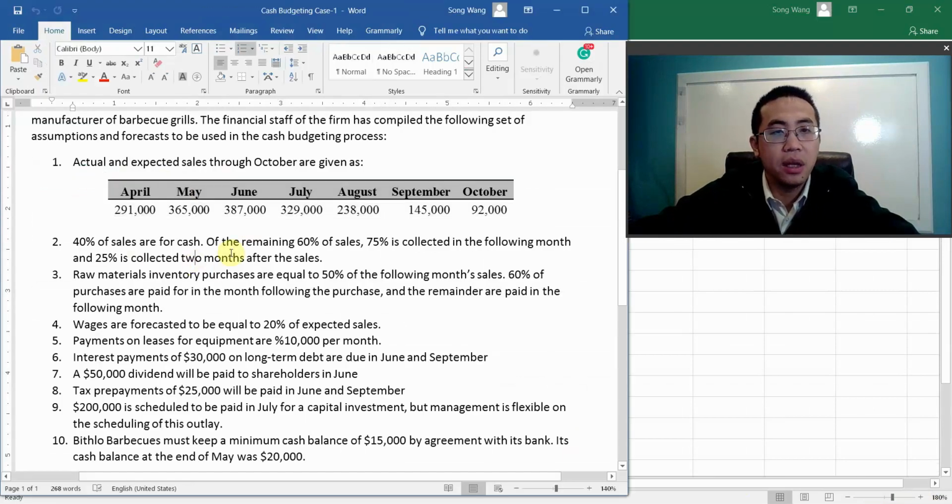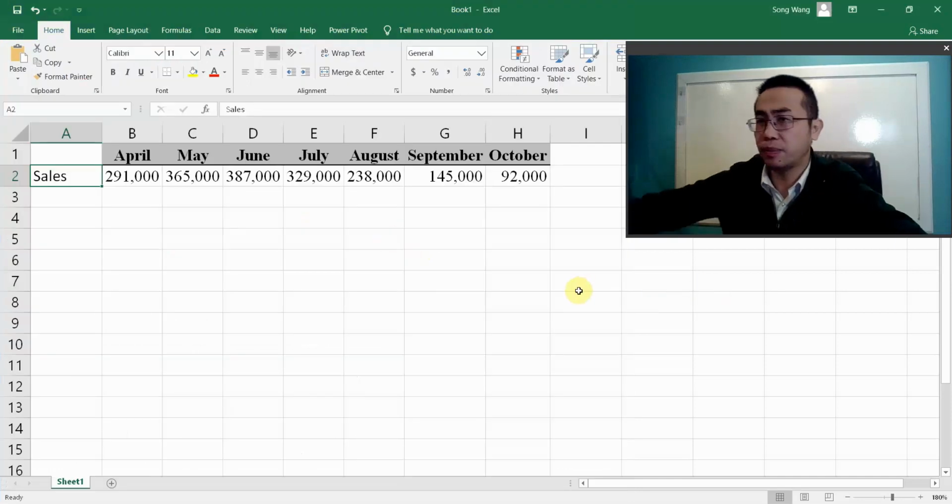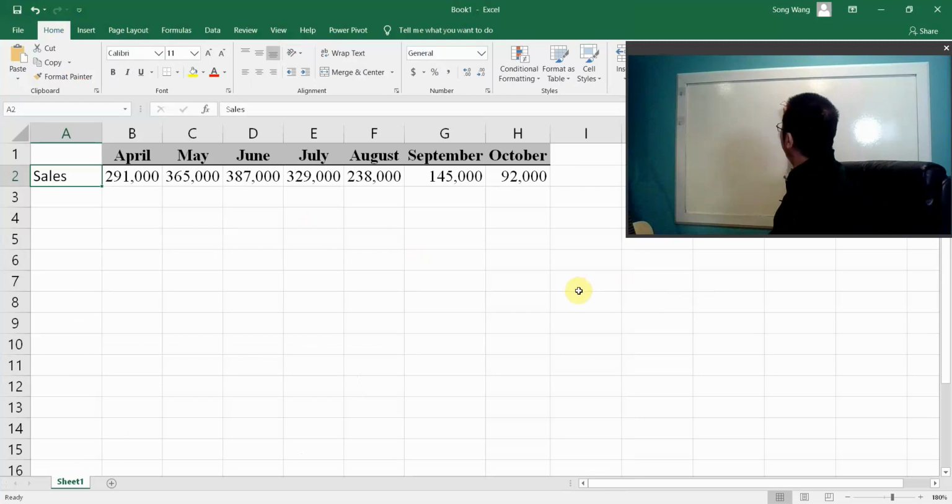All right, so now let's talk about accounts receivable. So 40% of the sales are for cash. Of the remaining 60%, 75% is collected in the following month, and 25% is collected 2 months after the sales. So basically you are looking at this structure. When you have a sales, let's say it's $100, and this sales is in April.